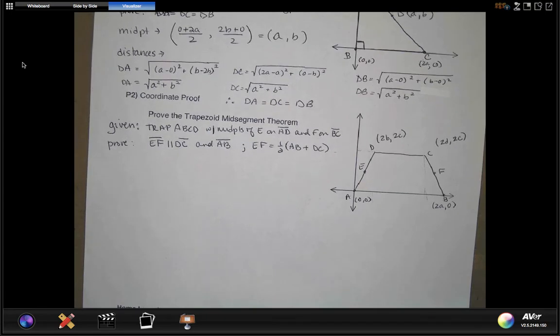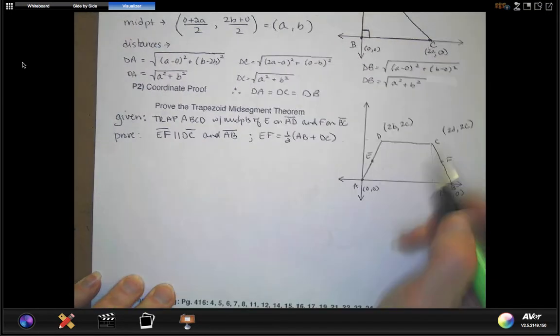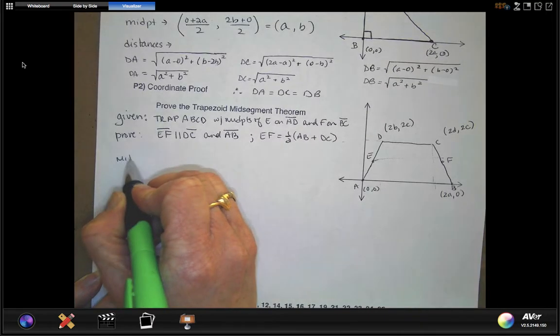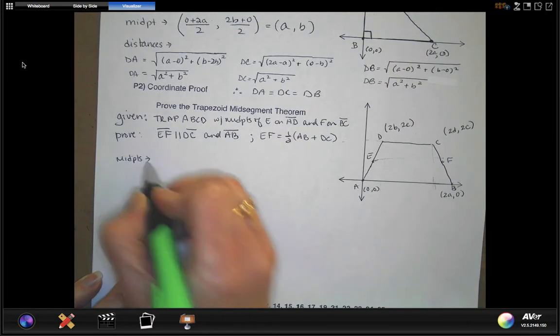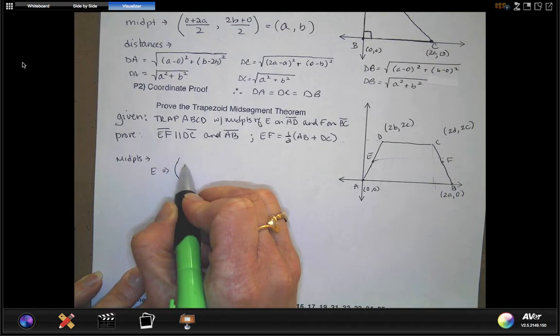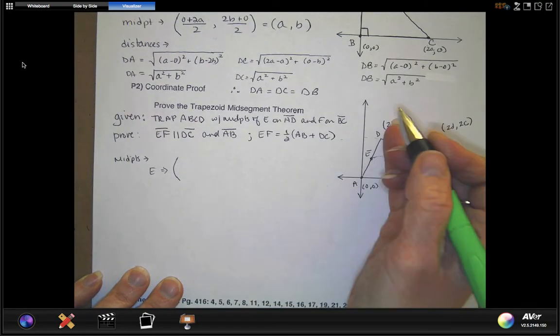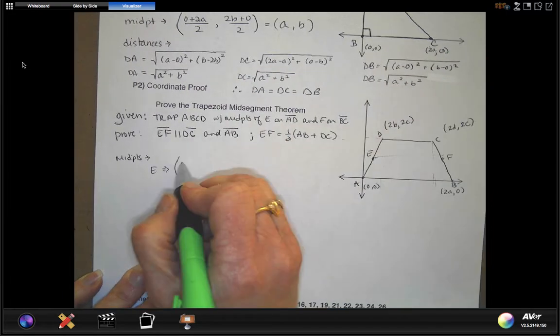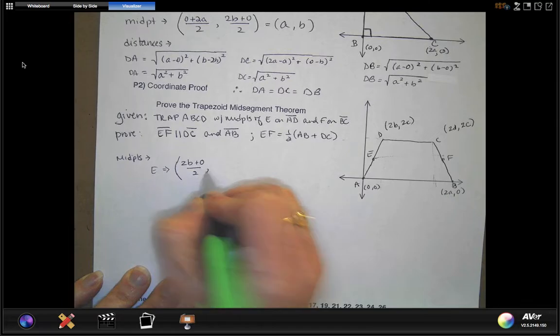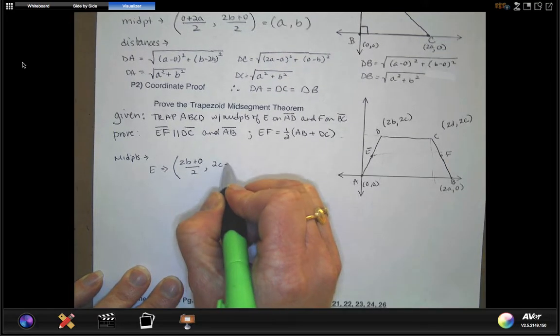So the first thing I need to do is I want to find the coordinates of the midpoints. I'm going to have to find the slope here, so I have to find the coordinates of it. So here's my midpoint work. So for E, I'd have, again, just do right, left. So 2b plus 0 over 2, 2c plus 0 over 2.